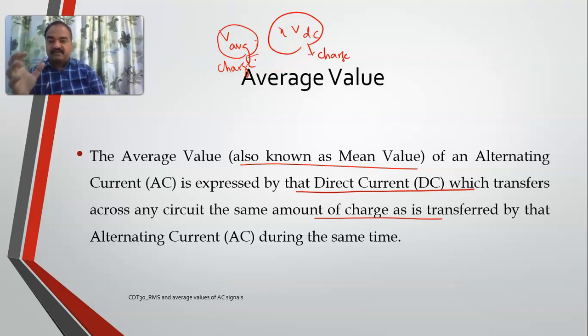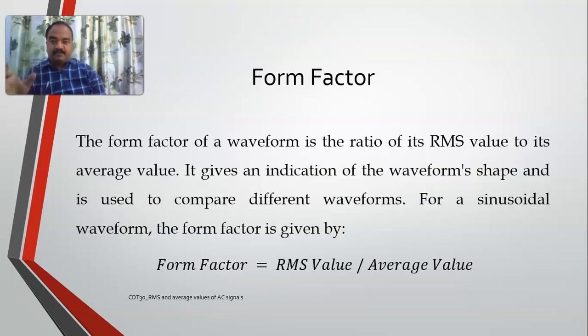Understood. So what is the RMS value and average value? The definitions may be a little bit tricky, but I hope you have understood what actually RMS values and average values are. Now, we have seen instantaneous values and maximum value.